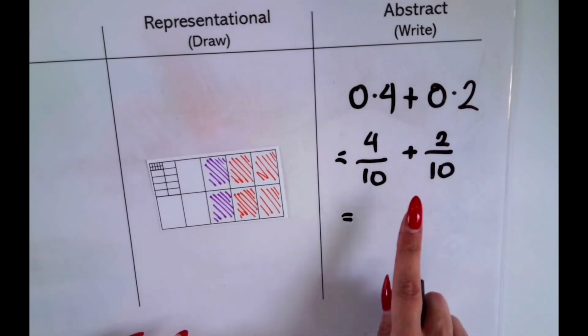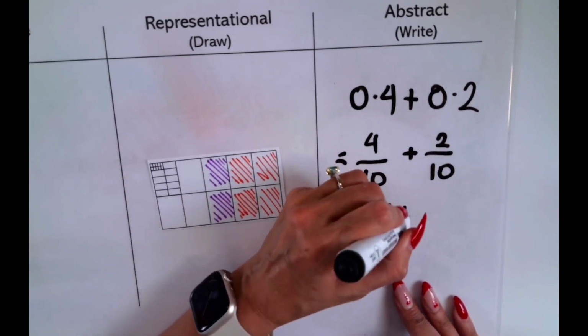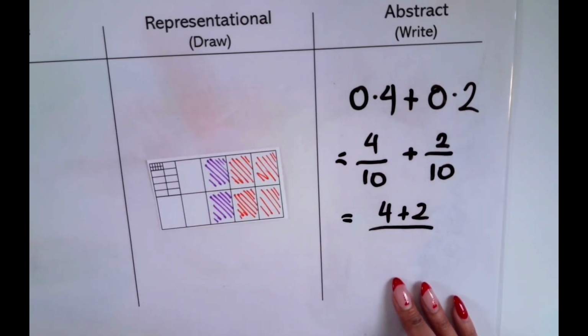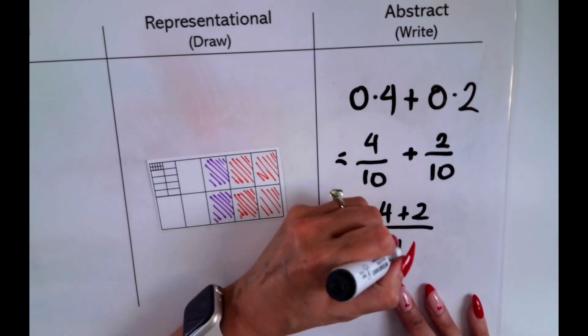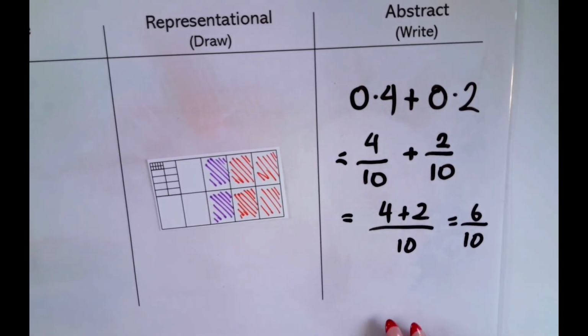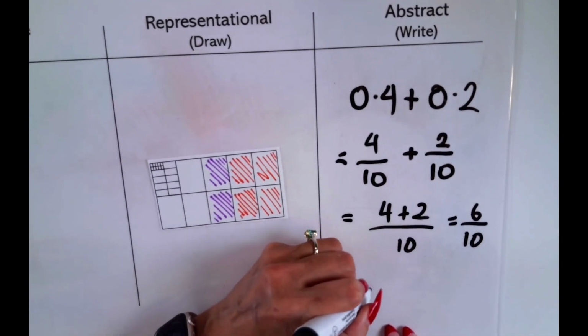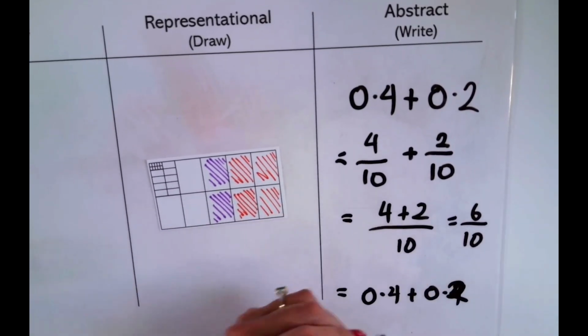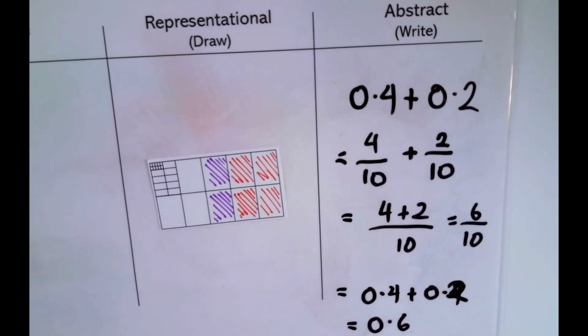If I'm working with my decimal fraction, I simply add the numerators together because the denominators are the same. And if the students have already started working with addition of fractions, they know that fractions with the same denominators means equal parts. So I now have 6/10. All right. If I'm working with a decimal or in decimal form, I know that 0.4 plus 0.2 equals 0.6. Okay, because that's 4/10 and that's 2/10.